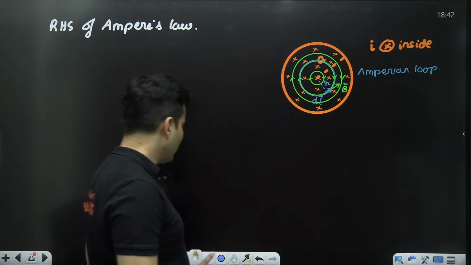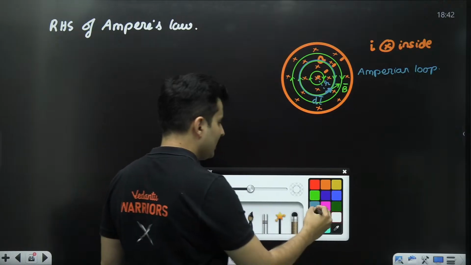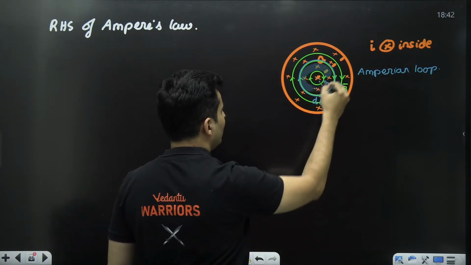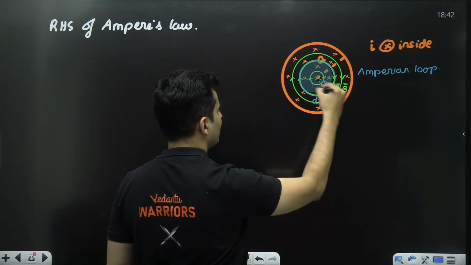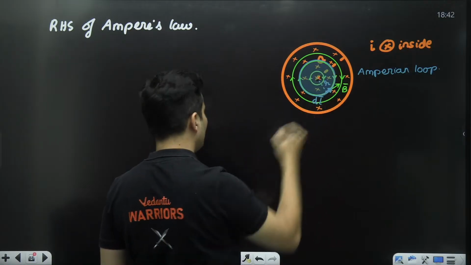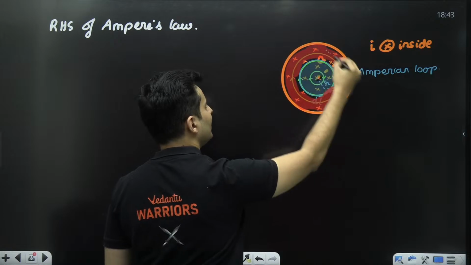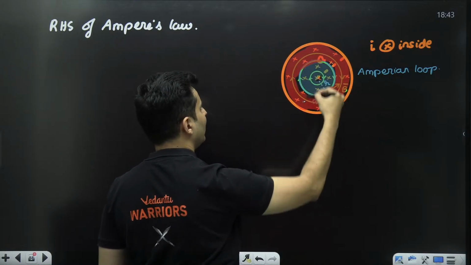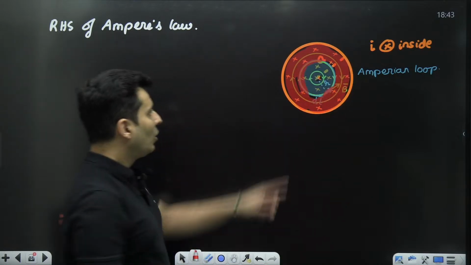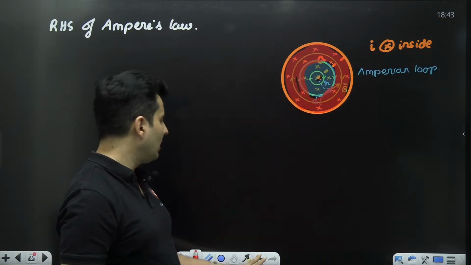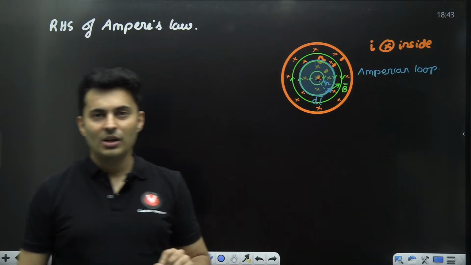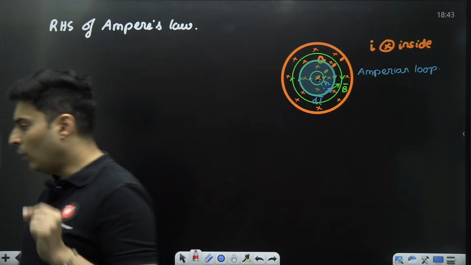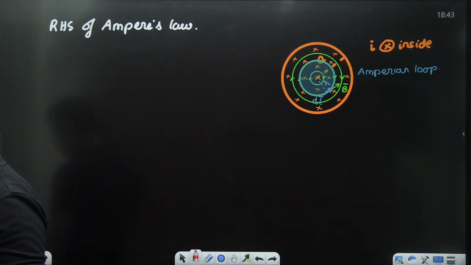You have to figure out what is the enclosed current. Realize one thing, only this much current is enclosed. This current should not even be counted. I hope you see that. Only the current here should be counted, the outside current should not be counted. So how do I find the current which is passing through it?